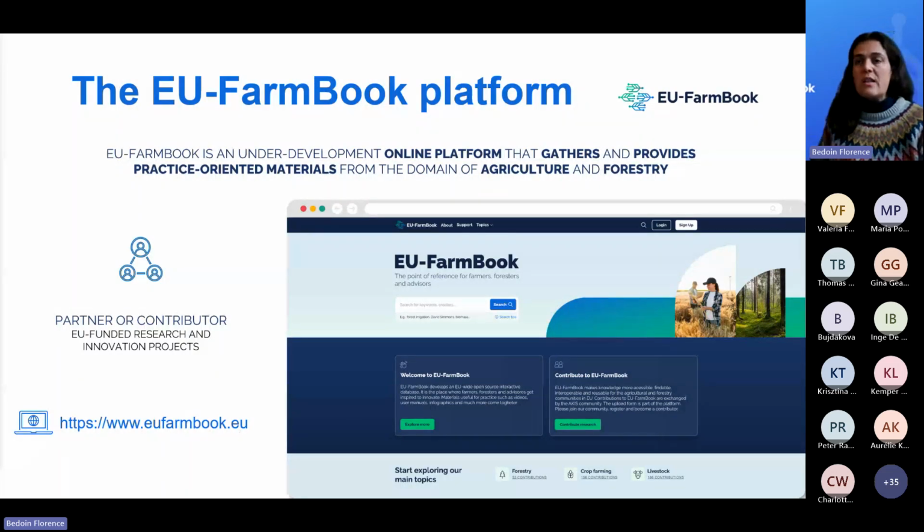You can already use it and find more than 1,700 different project outputs in there. It's still under development. The idea is to gather and provide practice-oriented materials from the domains of agriculture and forestry.